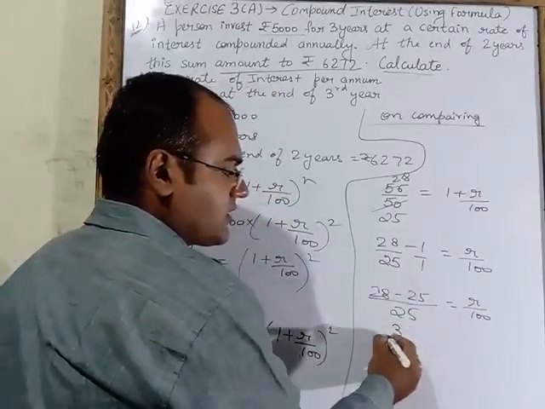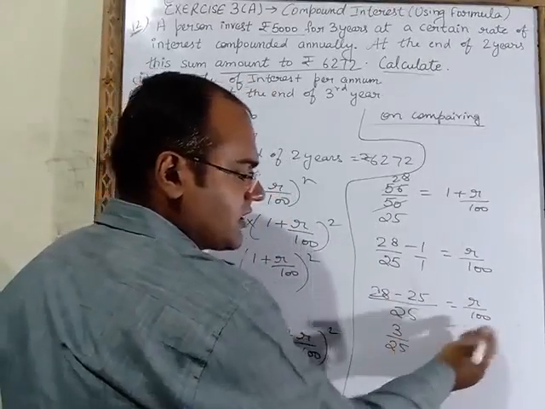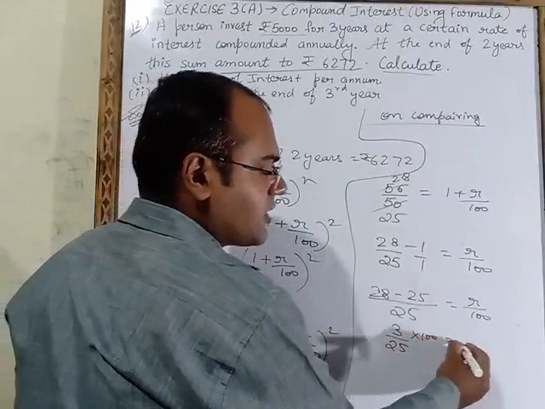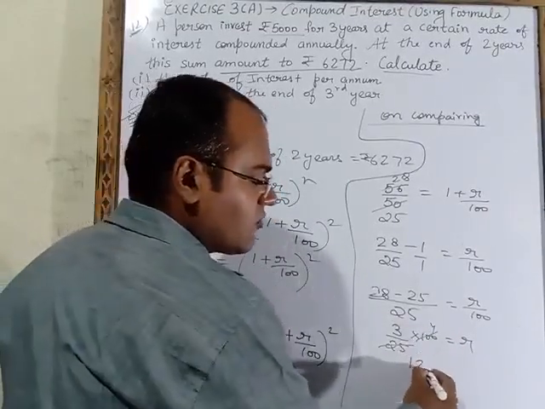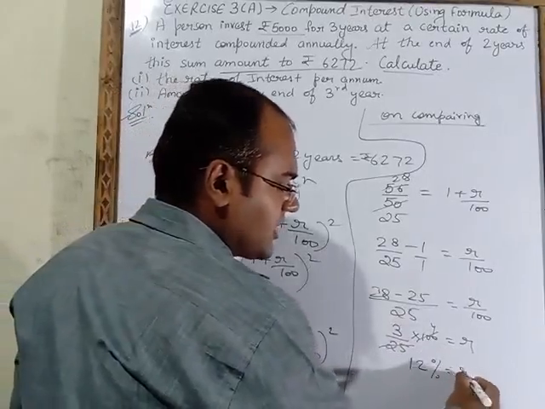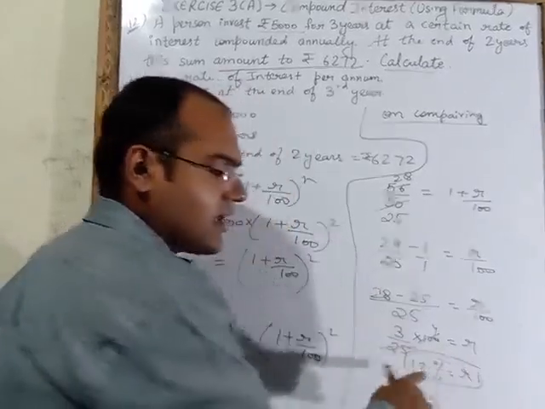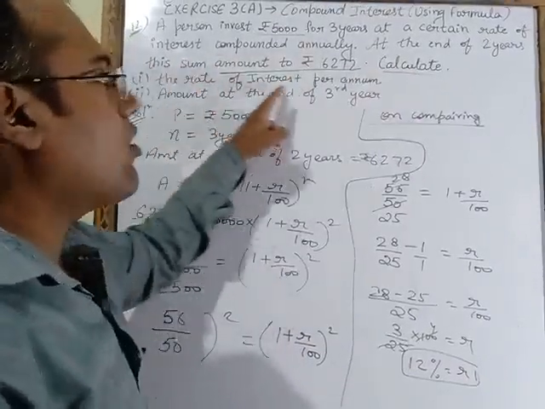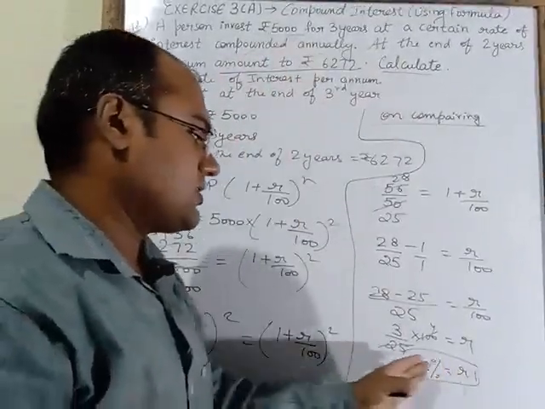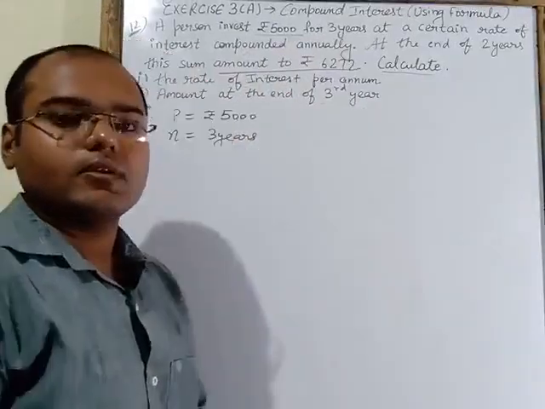On subtracting, 3 upon 25. This 100 is in divide, it will come here in multiply. 25 4s are 100. 4 into 3 will be 12%, is the rate. So this is the answer of the first part. In the first part we had to calculate the rate of interest. So rate of interest is 12%.